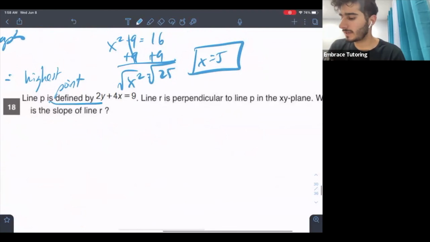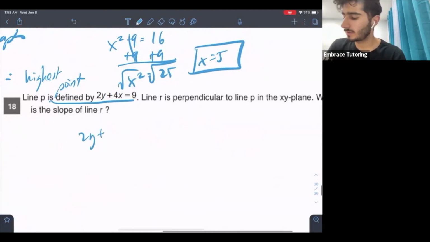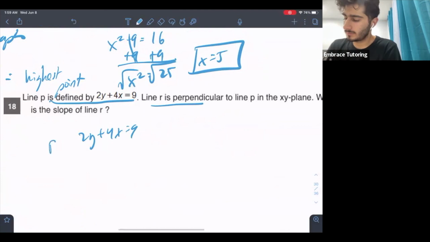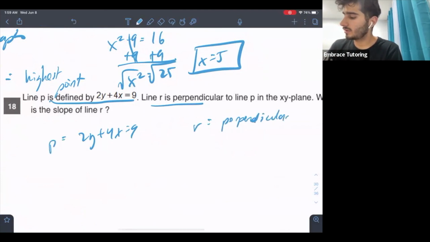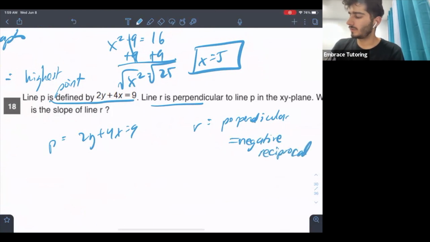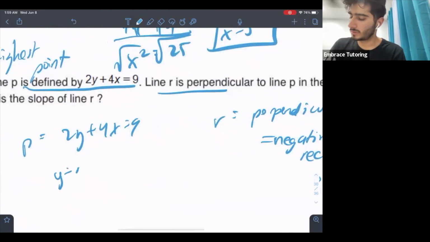18. Line P is defined by 2y plus 4x is equal to 9. Line R is perpendicular, meaning that its slope is the negative reciprocal of the slope of P. So you can put it in y is equal to mx plus b form.